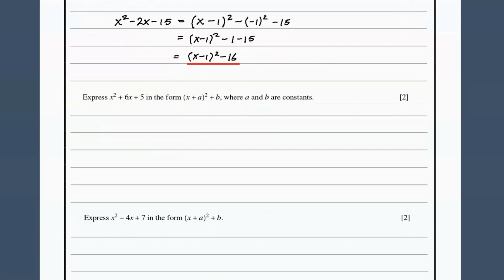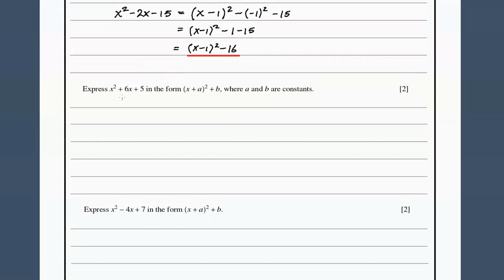Let's move on to another one. Here it says, express x squared plus 6x plus 5 in the form x plus a squared plus b, where a and b are constants. So again here, from the x squared plus 6x plus 5 that we've been given, I'll open up my bracket, then I'll put x here. Then the coefficient of x is 6 and half of that is 3.